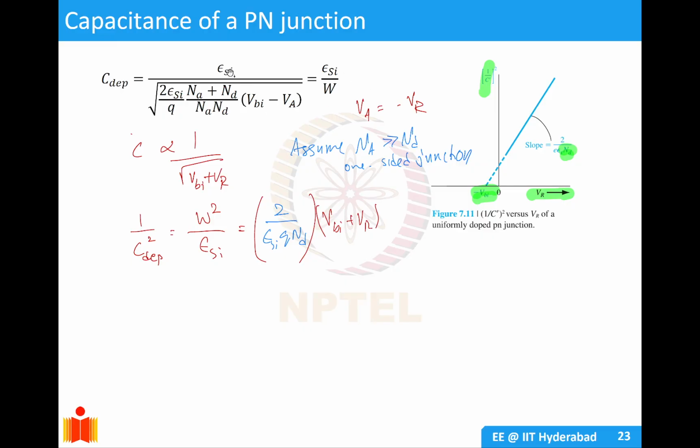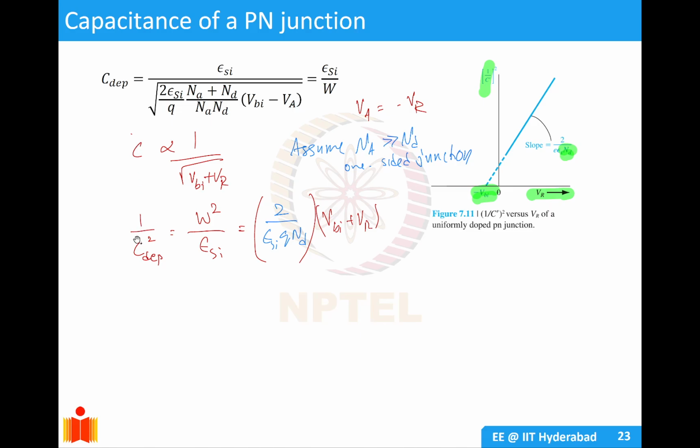So this is the full value: C depletion equals epsilon Si upon square root of 2 epsilon Si by q, Na plus Nd upon Na Nd, Vbi minus Va. We take Va equals minus Vr for reverse bias. So the capacitance is proportional to 1 by square root of Vbi plus Vr. What we do is take the square of the capacitance and invert it.